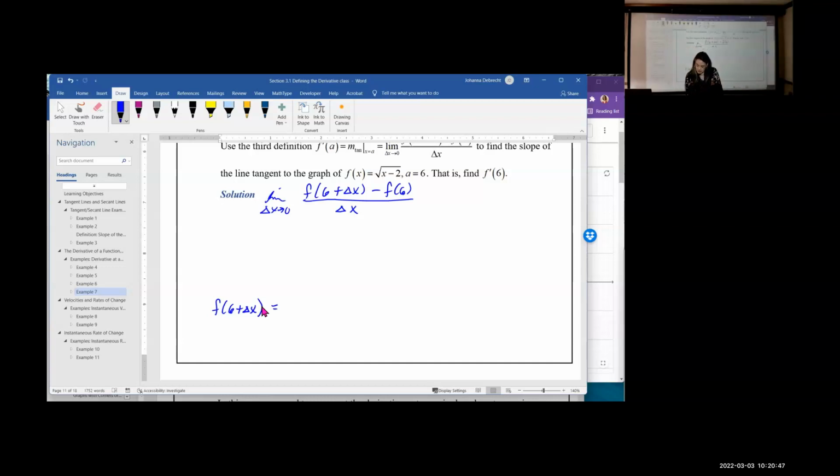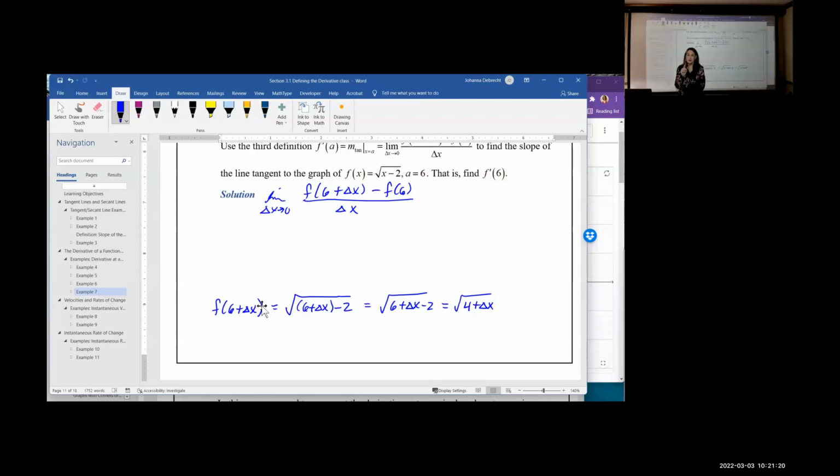So this is going to give us the square root of, and we're going to substitute 6 plus delta x in place of x minus 2. And then if I drop the parentheses, I can then subtract the 2 from the 6, and that gives me 4 plus delta x. Now, I know there's at least 3 students in this class, if not 5, who right now want to take the square root of 4.